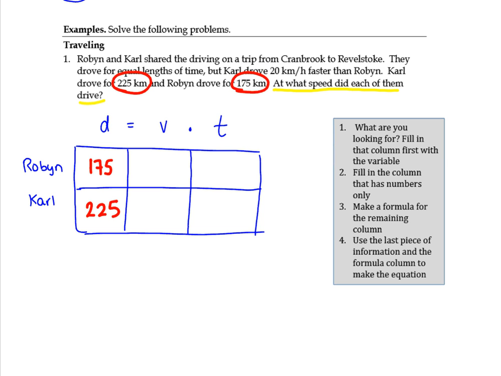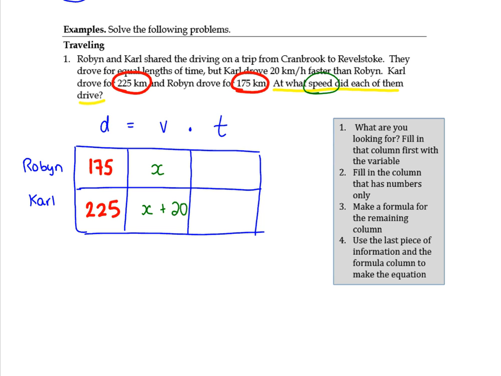Robin's speed will be our X. Okay, so Robin is X and Carl is 20 faster than Robin. How would you represent that? X plus 20. Do you see how we have one column of numbers, and one column of variables, which is what we're looking for? They actually ask you a question.